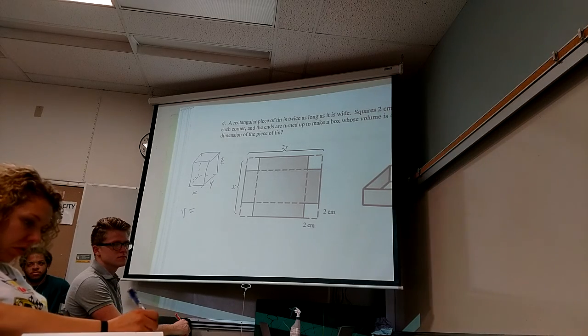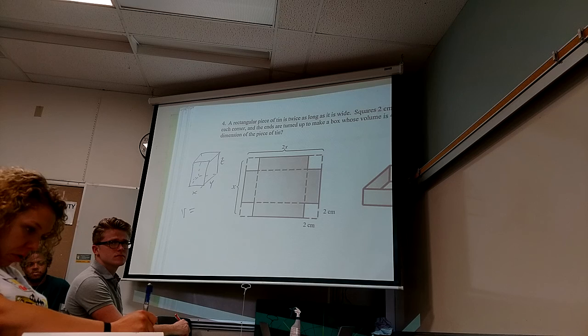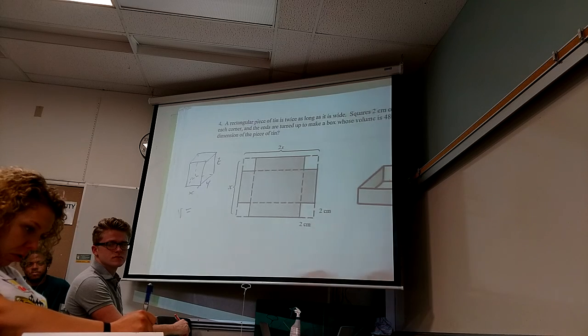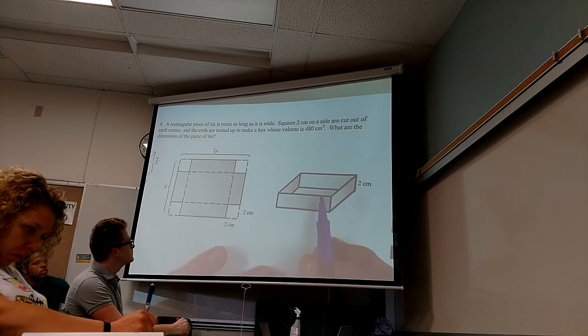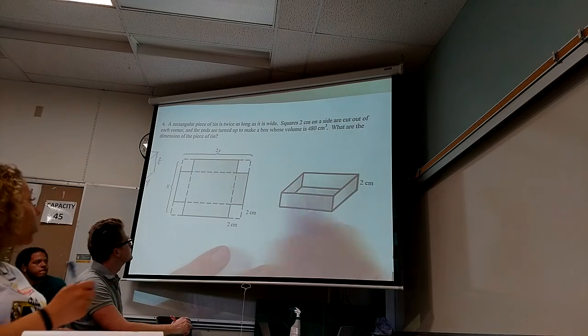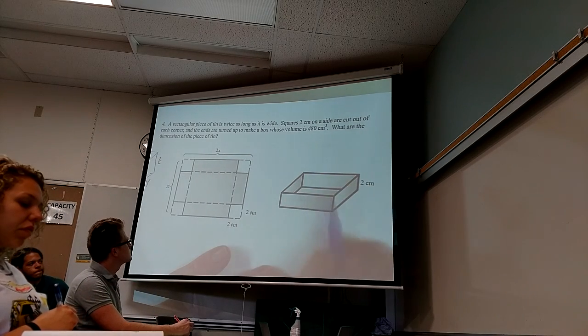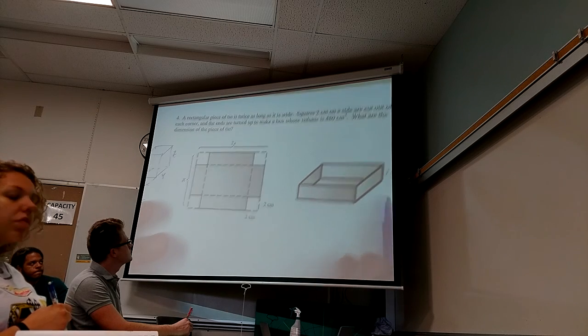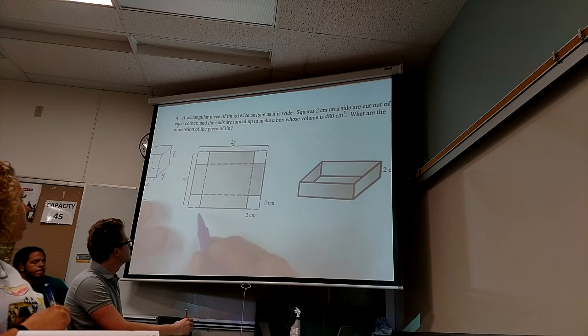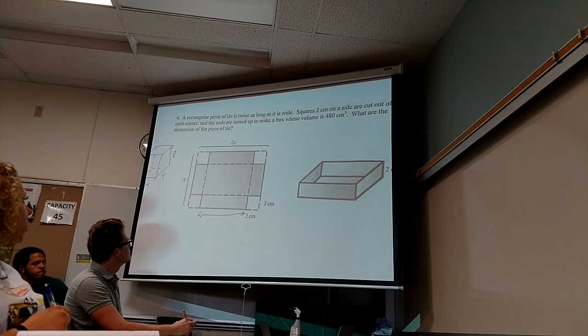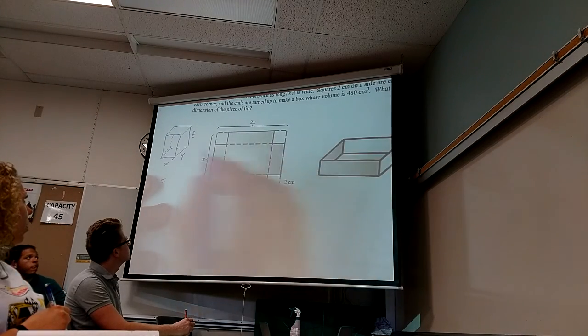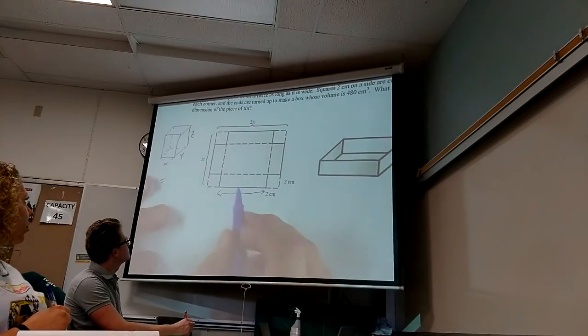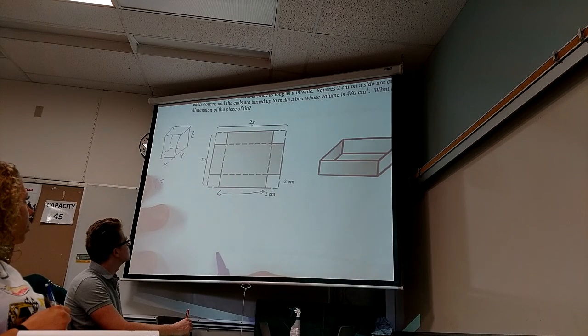Okay. What do I need to know about this shape to figure out the volume? I know it's 480, but what is it in terms of the math? I have to know these dimensions, right? How long was the entire thing? 2x. How much did I chop off? 4.